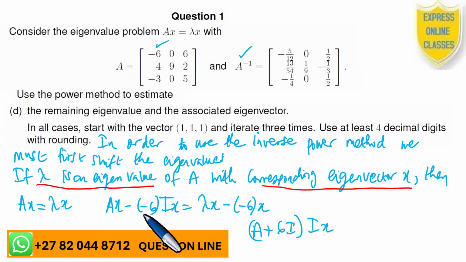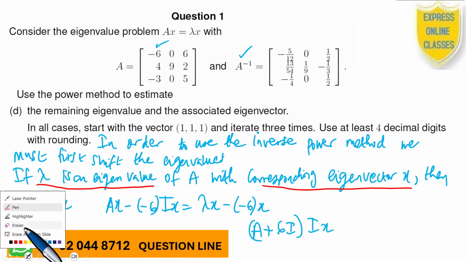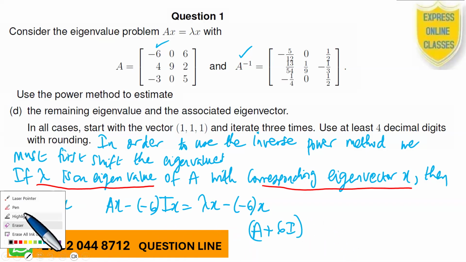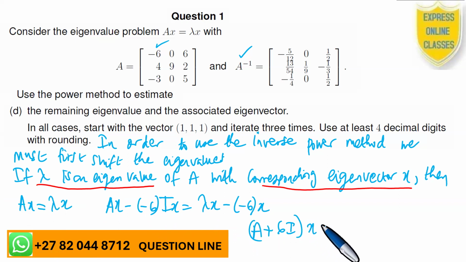We factorize here the Ix, and this is what we have: A plus 6I, and then we can put only an x here. Only x is sufficient. And this is then the same as (lambda plus 6)x. We have performed a shift.